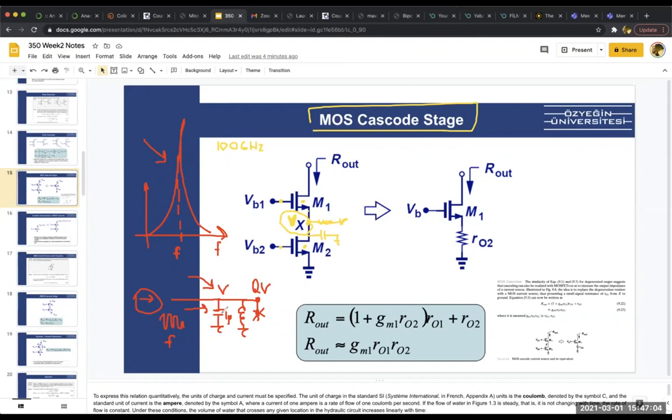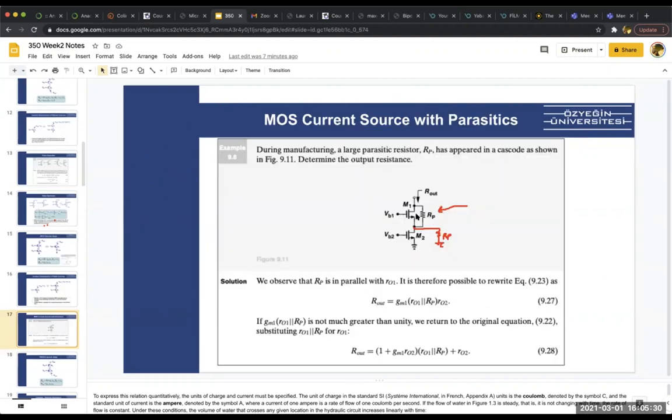Well, it depends on the cap and inductor quality because they are the dominating factors. We are looking at these circuits at very low frequency right now, but this cascode circuit is also used as an amplifier.